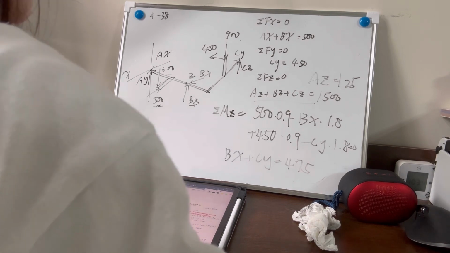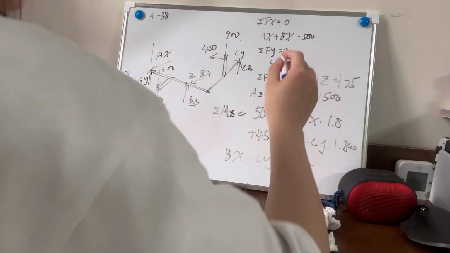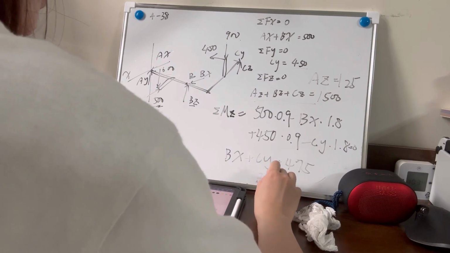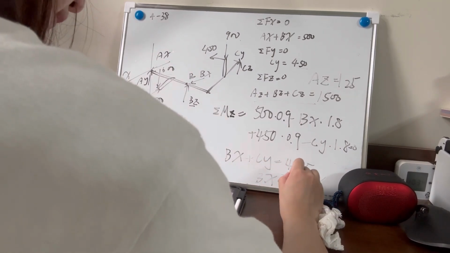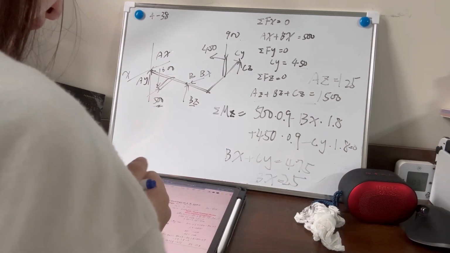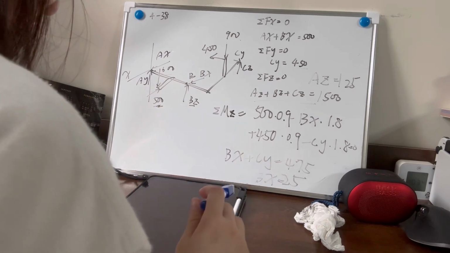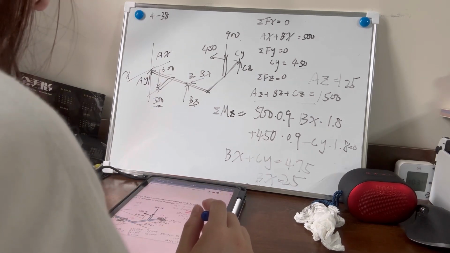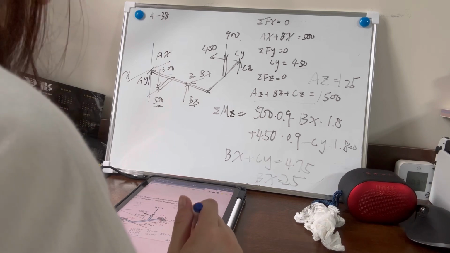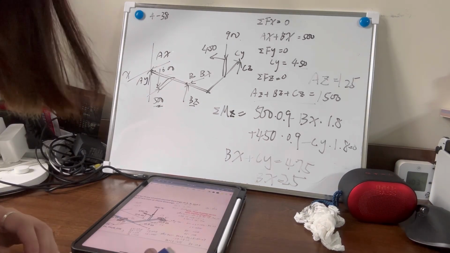And now we know Cy is 450, so Bx is 25. So we know the Ax, Az, and Bx, Bz, and Cy, and Cz. It is the answer.